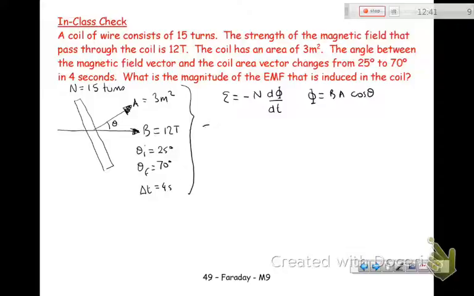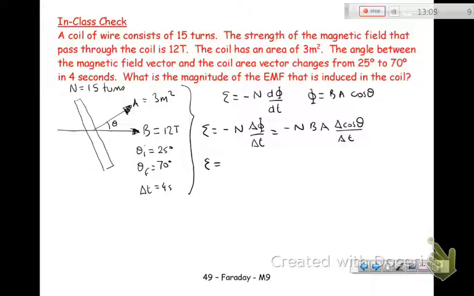So I can say my EMF is equal to minus n delta phi by delta t, which equals minus n, let's say B's constant, A is constant, delta cosine theta over delta t.